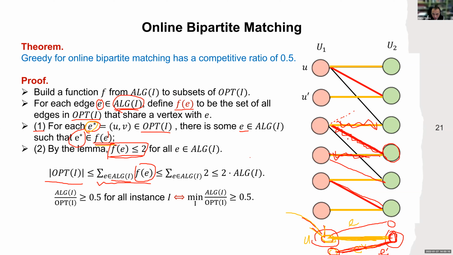It'll be counted both here and here. But well, if I do a sum, then definitely it is an upper bound, right? Will not be more than that. So optimal will not be more than the summation of Fe. And then because Fe is at most 2, it will not be more than this. And this is exactly 2 times the size of algorithm, right? So that's why we have the ratio 2 here, which becomes half below.